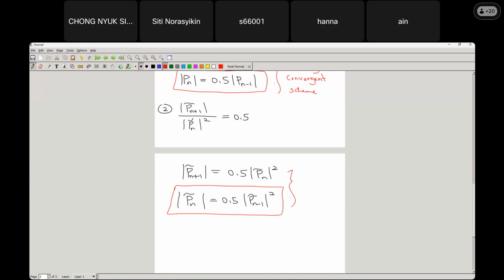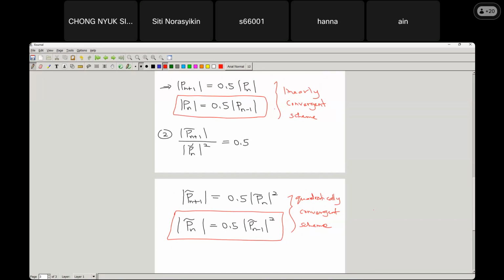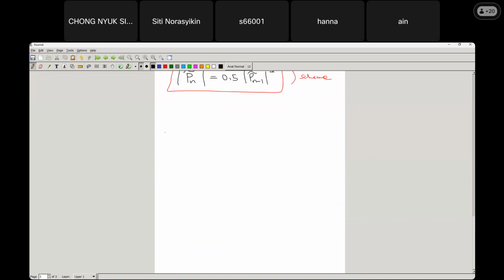This one is referring to the quadratically convergent scheme. So one is linear, one is quadratic. Now let us focus one by one. First, let us look at the linearly convergent scheme.